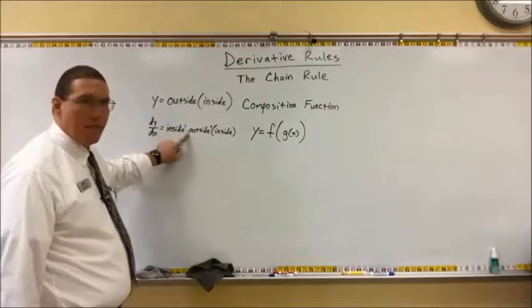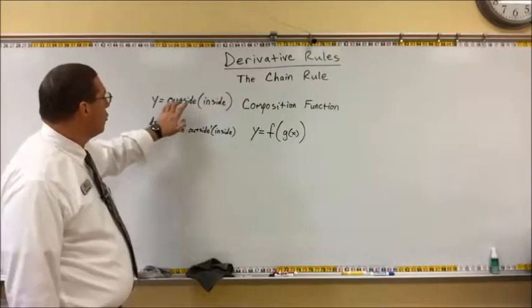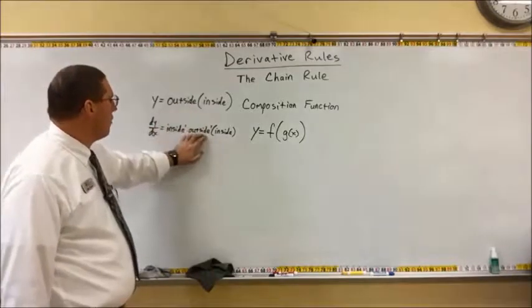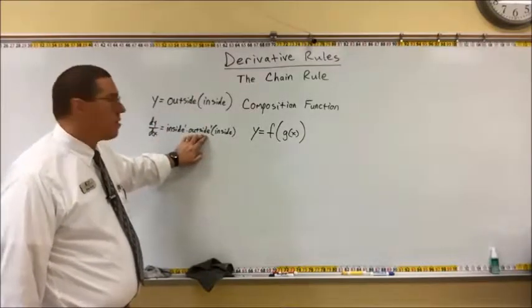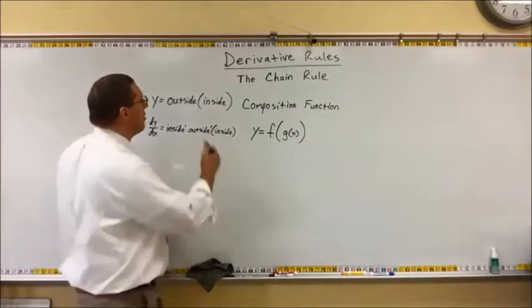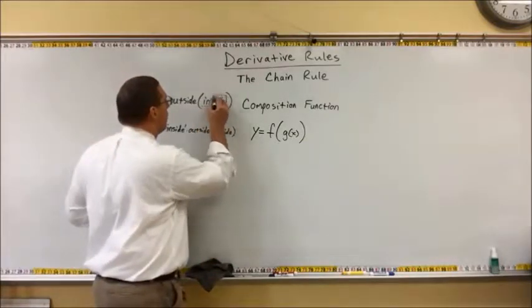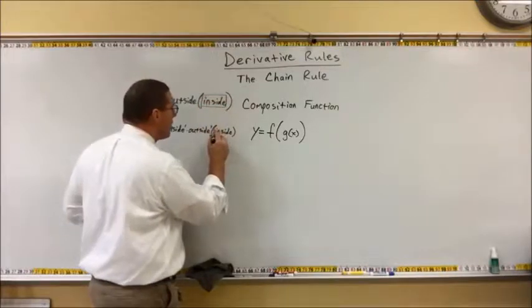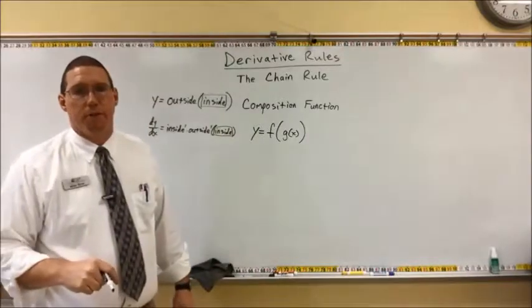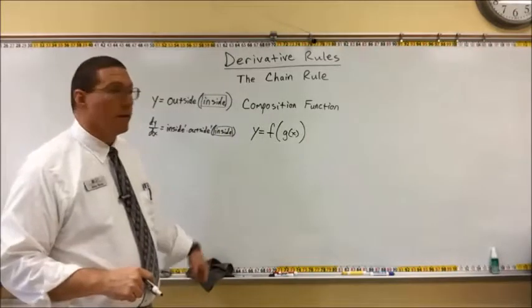Then you're going to multiply that by the derivative of the outside function. But when you do the derivative of the outside function, it's not going to be of x. You are going to take the unchanged inside function and put it as is inside of the derivative of the outside function. Okay? Let's do an example, shall we?